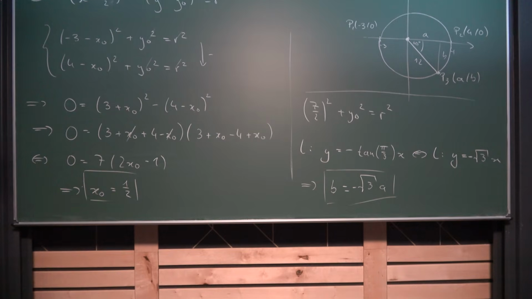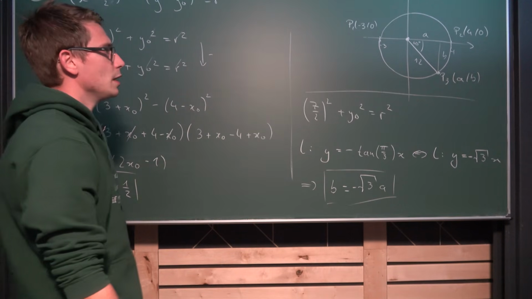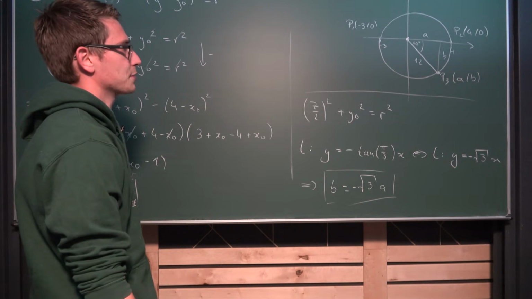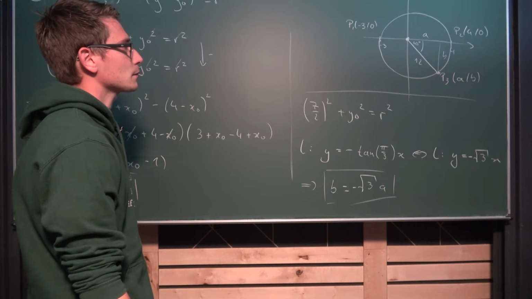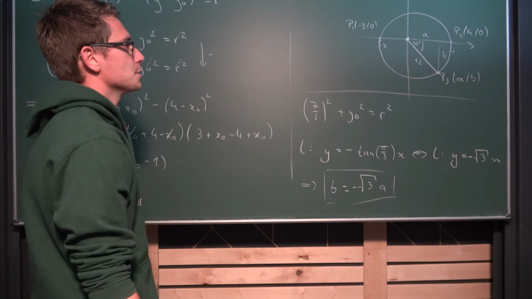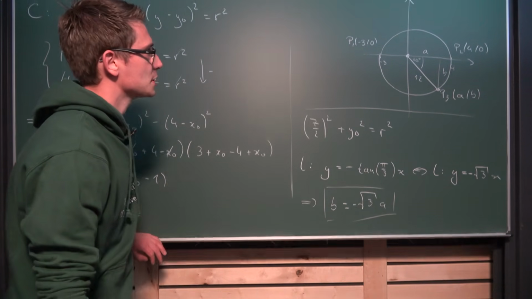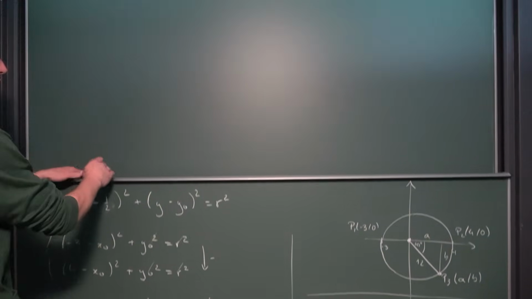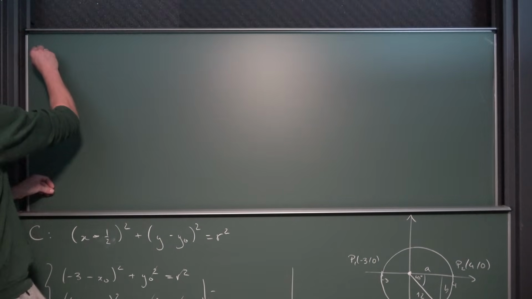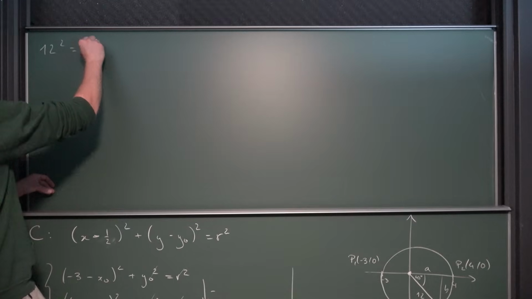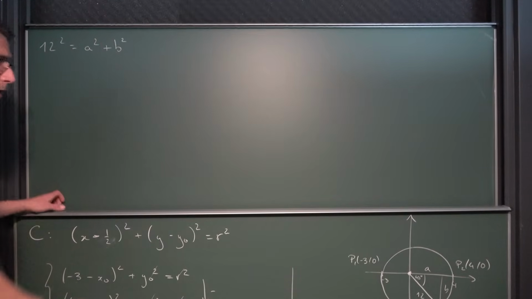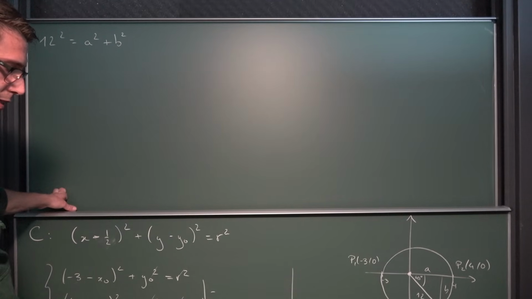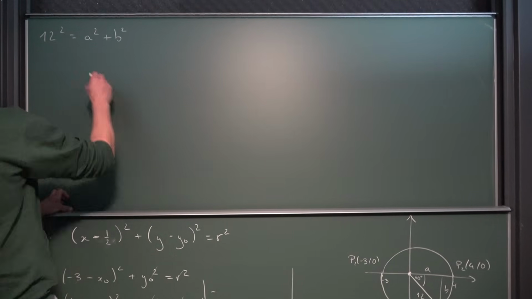How is this important? We still have the 12 units as the side length given. Okay. So we can use Pythagoras, obviously. We have 12 squared is equal to a squared plus b squared in this right triangle, but b is the same as negative square root of 3 times a.